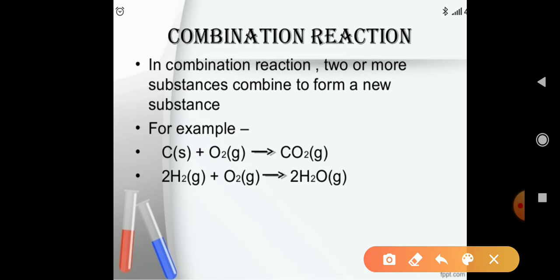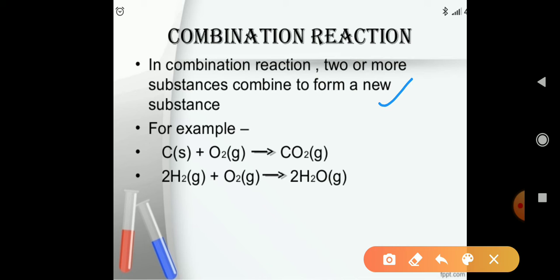This combination reaction is also known as addition reaction. In a combination reaction, two or more substances combine to form a new substance. Those two or more substances are called reactants and they produce a single product.